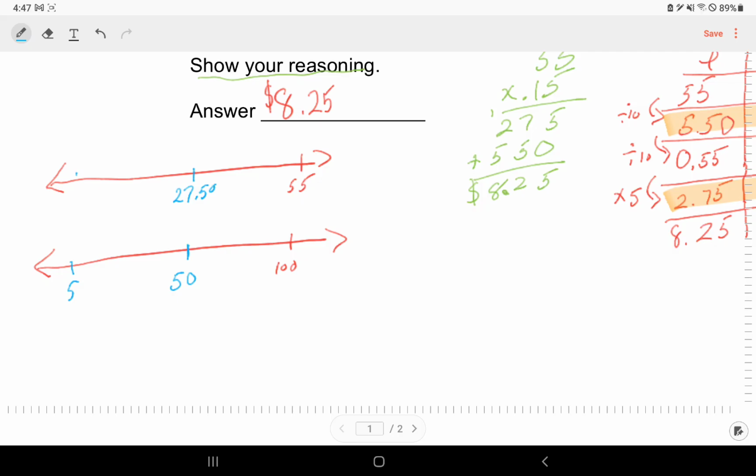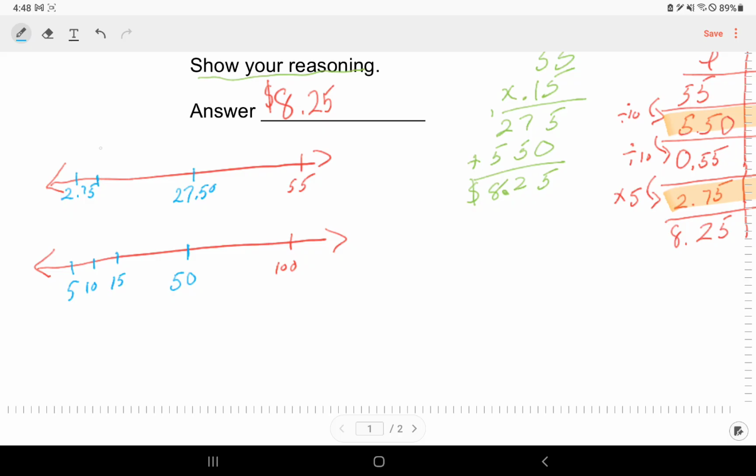And so 5% now is 2.75 because I divided by 10. Well, I need 15%. So 10, 15, because I'm counting by 5s.